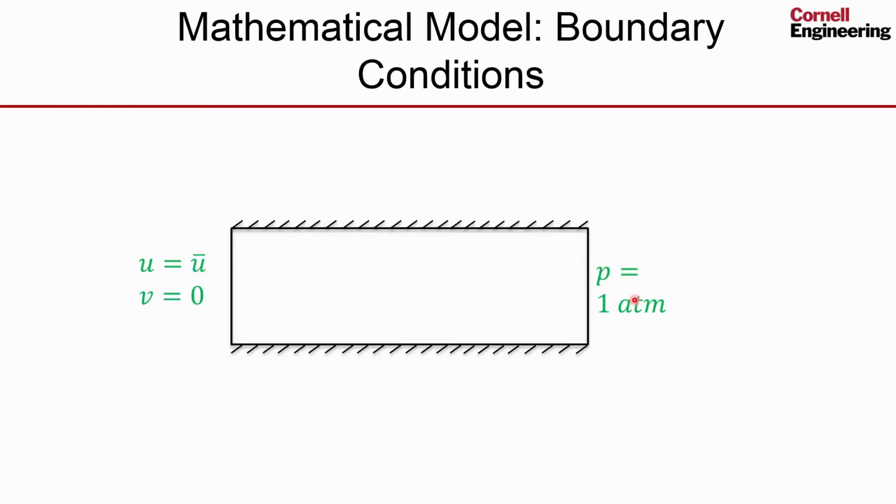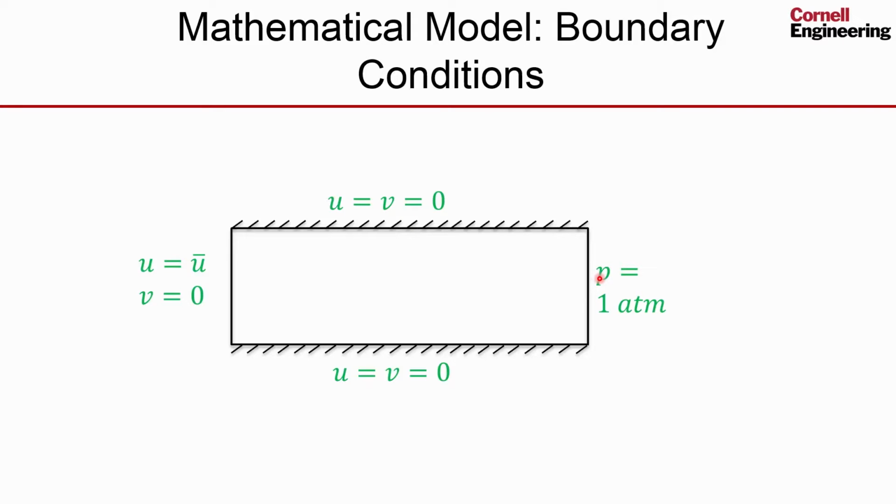The exact value doesn't matter. At the top boundary, both components of velocity are equal to 0. That's a no-slip condition. And similarly at the bottom boundary. So we have three velocity boundary conditions and one pressure boundary condition. That completes the definition of the mathematical model.